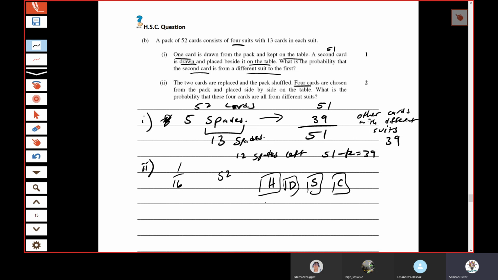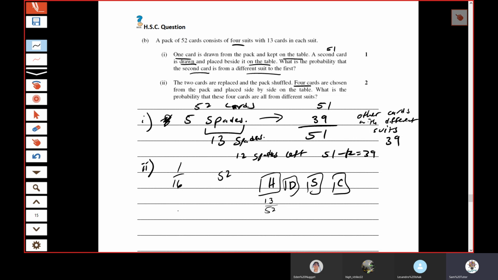To get a heart, you've got 13 times 13 are all from different suits. 13 out of 52. 1 out of 4 times 1 out of 4 times 1 out of 4 times 1 out of 4.